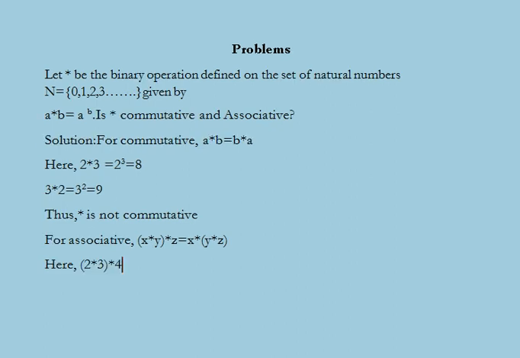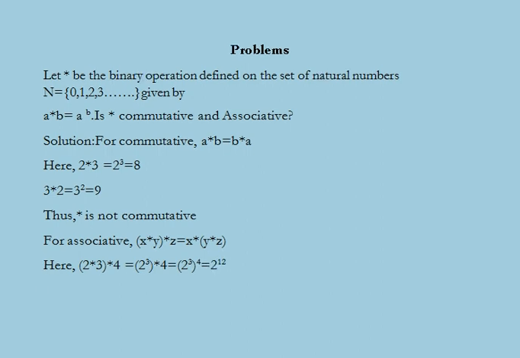Now here, for example, let us consider x equal to 2, y equal to 3 and z equal to 4. Then the value of this function is equivalent to 2 to power 3 star 4, where star represents the binary operator. This is in turn equal to 2 to power 3 with power of 4. This is equivalent to 2 to power 12.